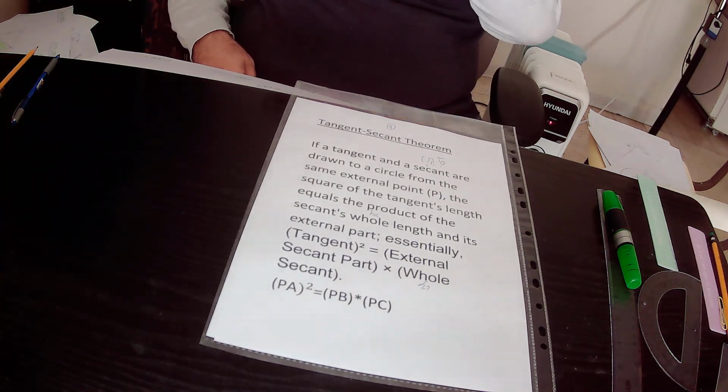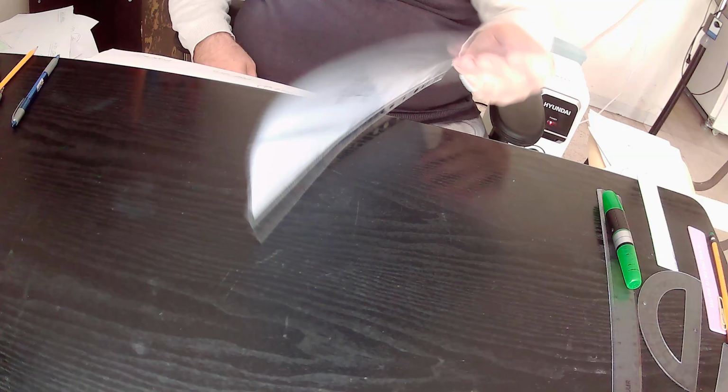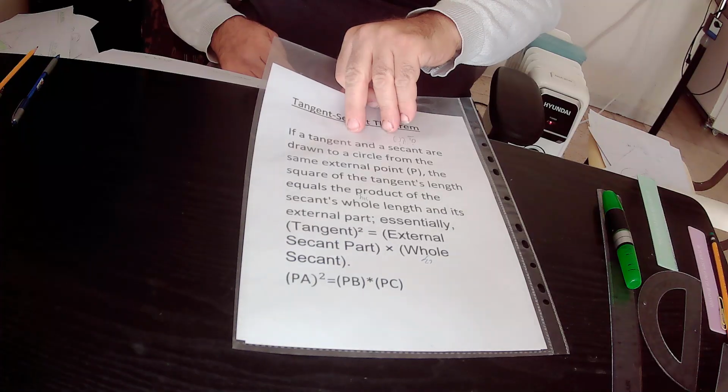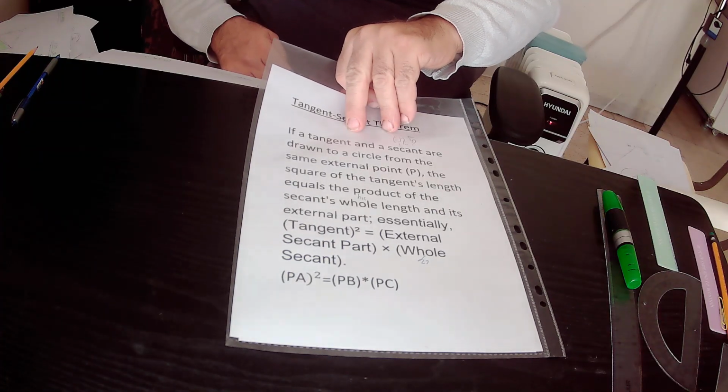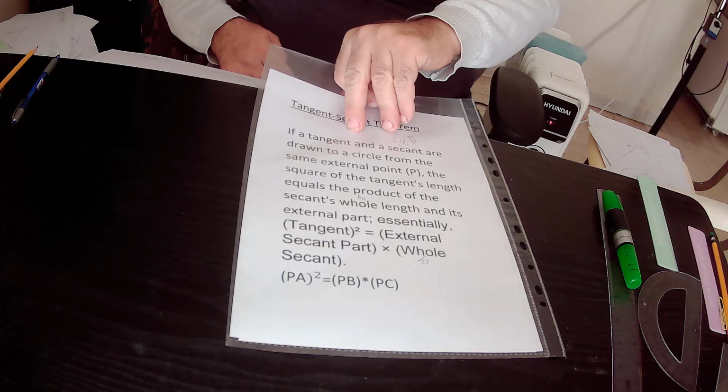And according to the tangent secant theorem, the following equation is true. The square of the tangent's length, that is to say PA squared, equals the product of the secant's whole length and its external part.